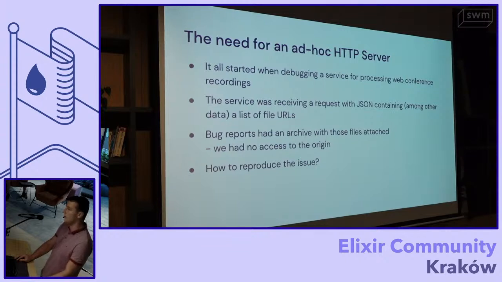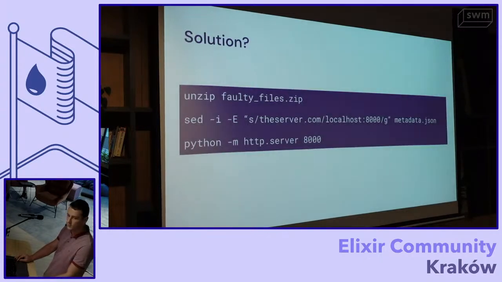change the implementation and allow the service to read from a file instead of a URL. But as most of the programmers were lazy, we didn't want to do that, so the most simple solution was to get all those files.